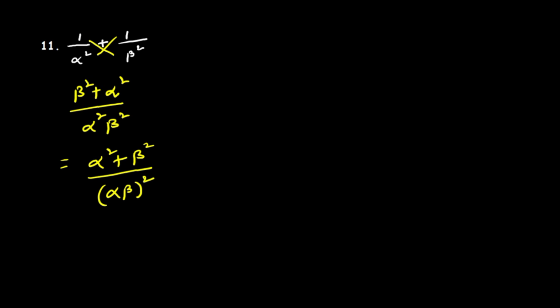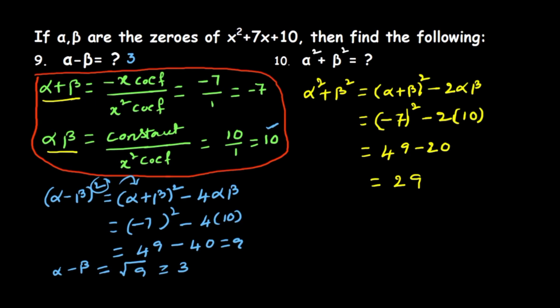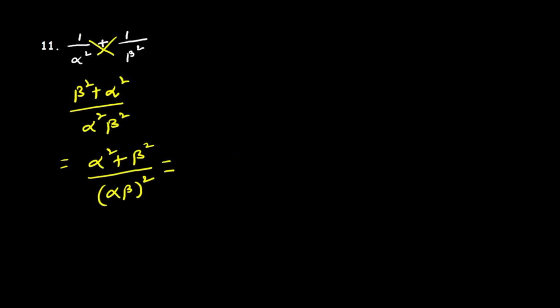Now what is alpha square plus beta square? Just check the previous page. Yes, just now we got 29. So you can take 29 directly, and alpha into beta here is 10. Using these two I am going to finish this.